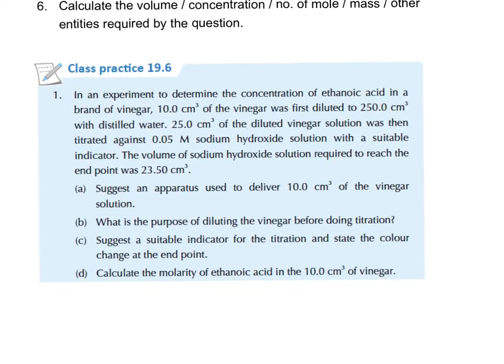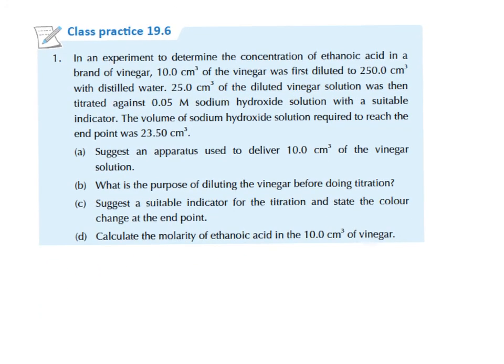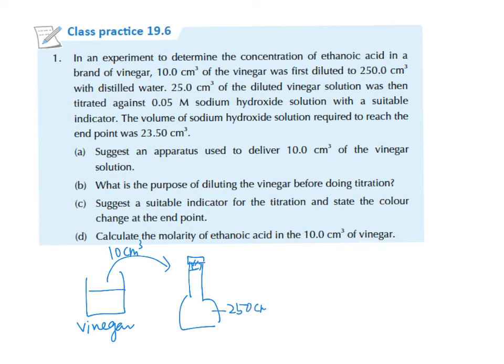Now let us take a look at this class practice. You have the sample vinegar solution, and 10 cm cube of the vinegar solution is diluted to 250 cm cube.